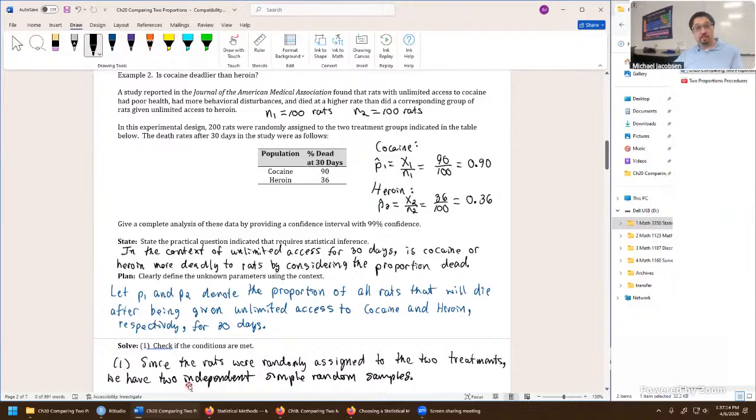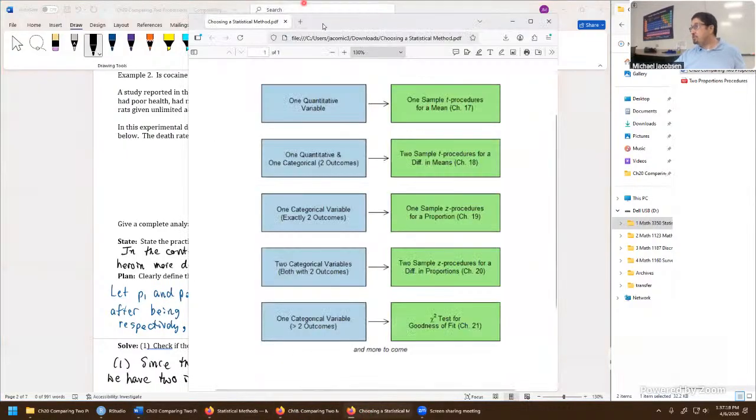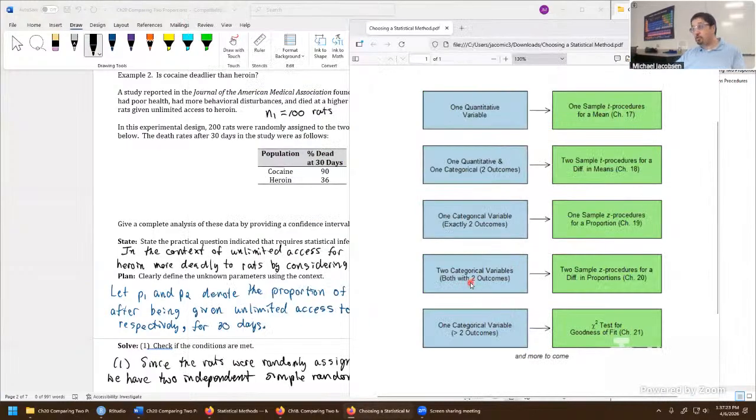And when we say we have two independent simple random samples, that's what this choosing a method portion was all about. We have two categorical variables with two outcomes. The one categorical variable is success failure. Success being that they died because we're studying that outcome, failure meaning they survived.